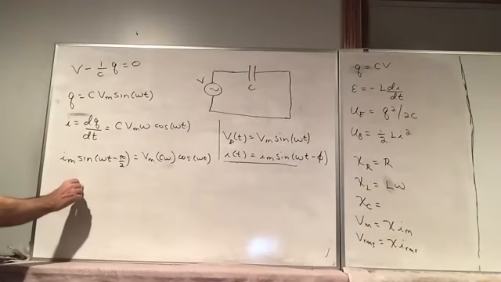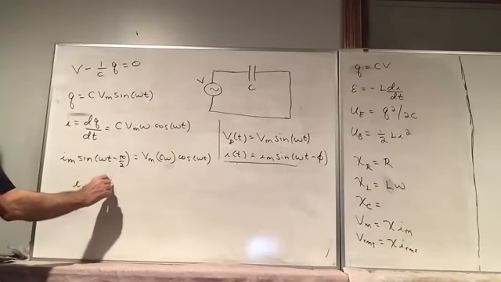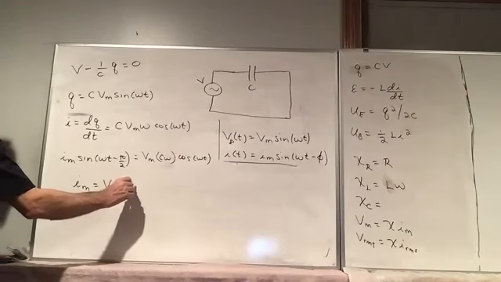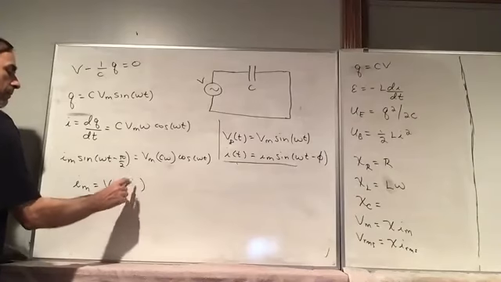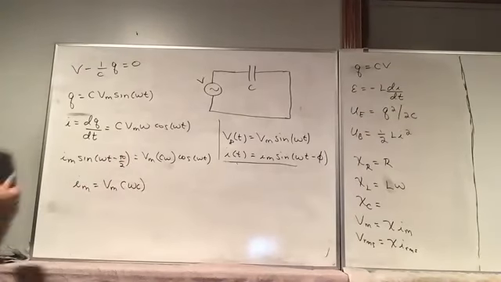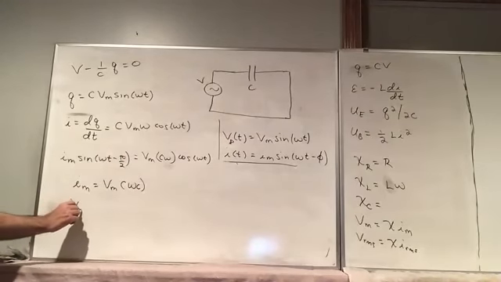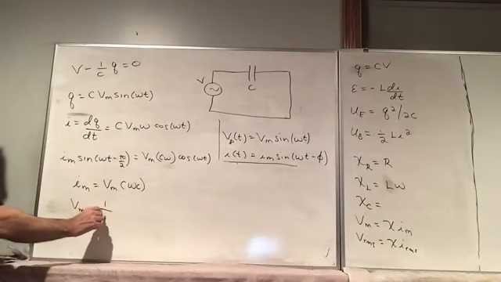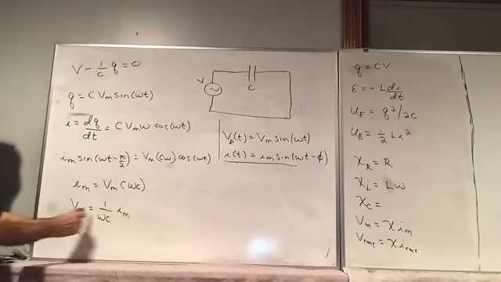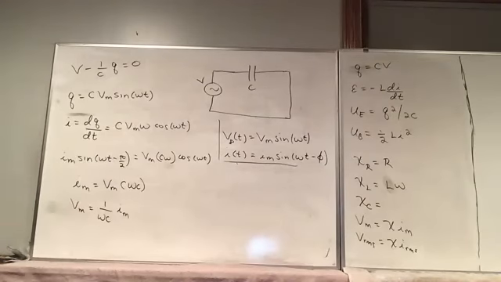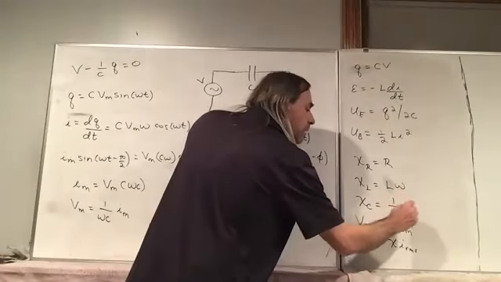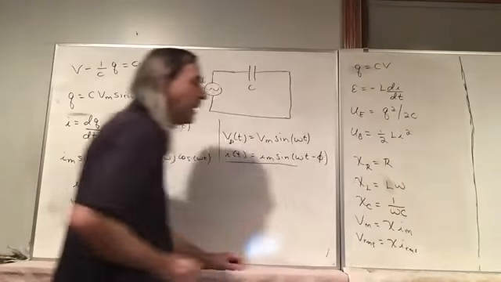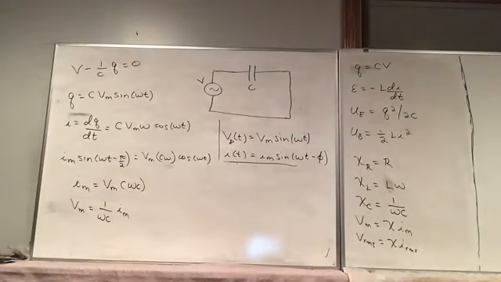So the maximum current is equal to the maximum voltage times omega C. To write this in terms of Ohm's law, V is equal to I times the reactance. We can see that the capacitive reactance is 1 over omega C.